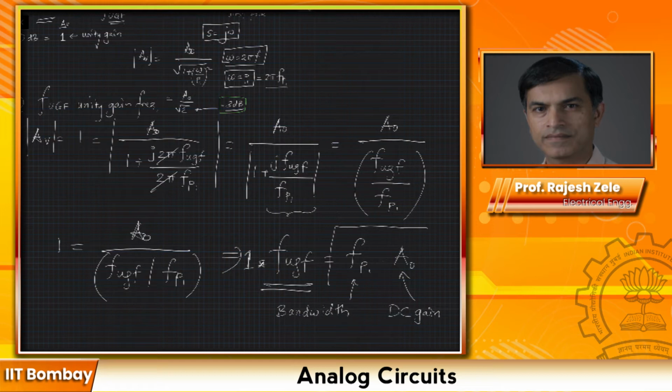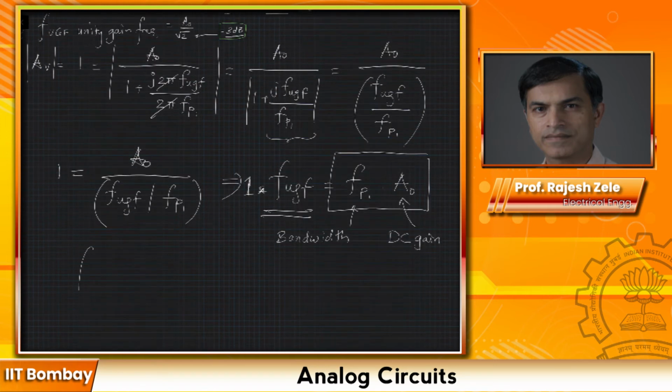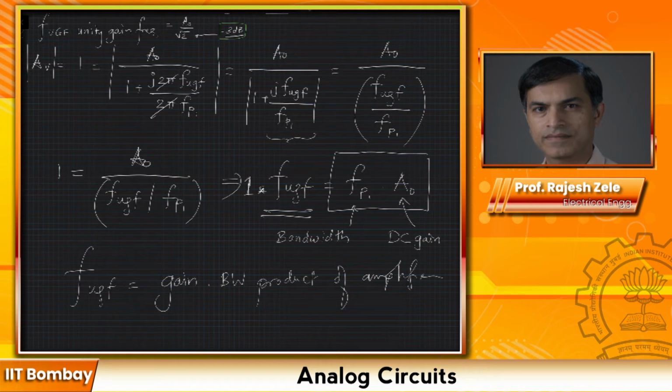So what this is telling you is that the gain bandwidth product of the amplifier is constant, and this is equal to f UGF. So f UGF is equal to the gain bandwidth product of the amplifier.